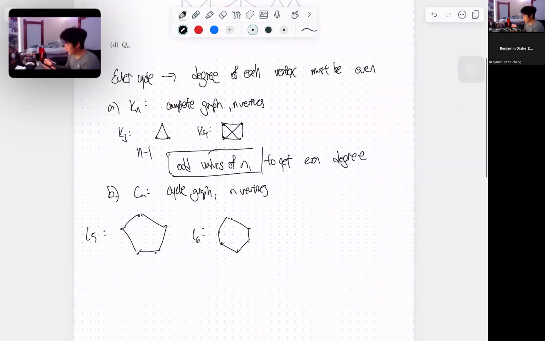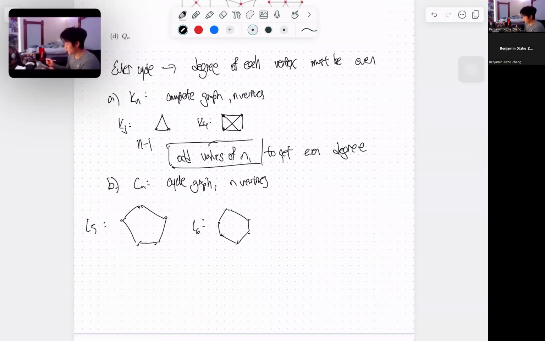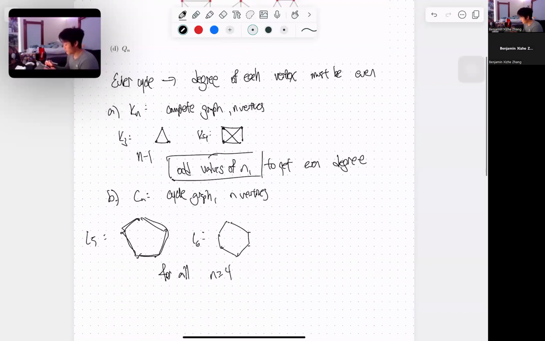So you can see that no matter how many vertices we add, the degree of every node is still going to be 2, since every vertex is just connected to the vertices to the left and right, or adjacent to it, in the cycle structure. So any value of n will get an Euler circuit. It just looks like this, just going around for any value.